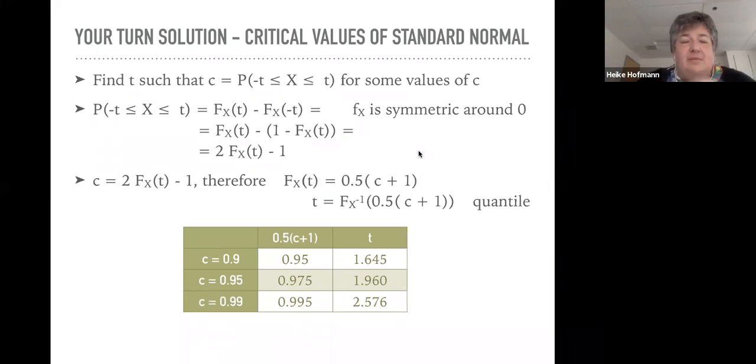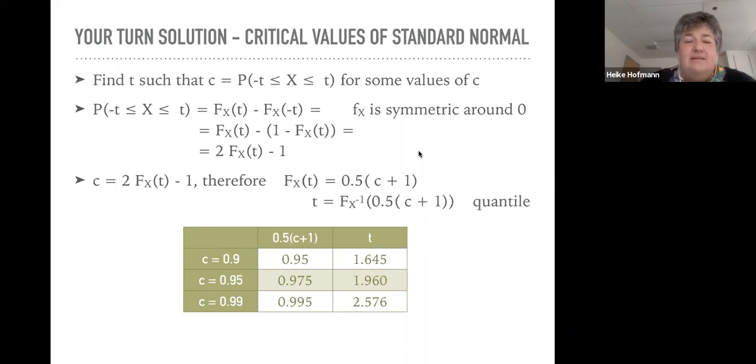The probability that x is in this interval, in terms of the distribution functions, is the distribution function at t minus the distribution function at minus t. Then we know that the distribution is symmetric around 0. So we can rewrite the distribution of a negative number as the complement, 1 minus the distribution at t, which gives us 2 times the normal distribution minus 1.